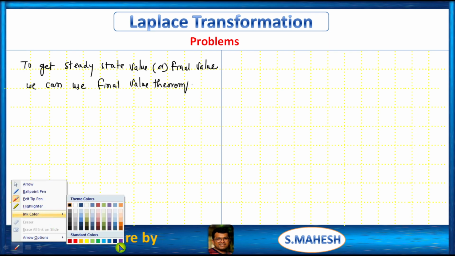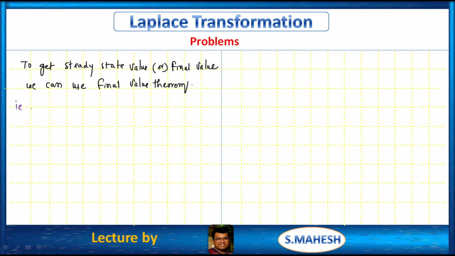What is the final value theorem? That is, limit t tends to infinity f of t equals limit s tends to 0 s into f of s.